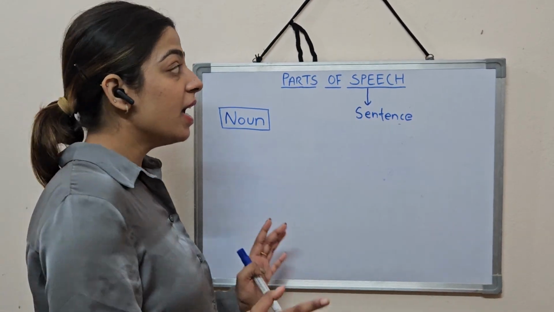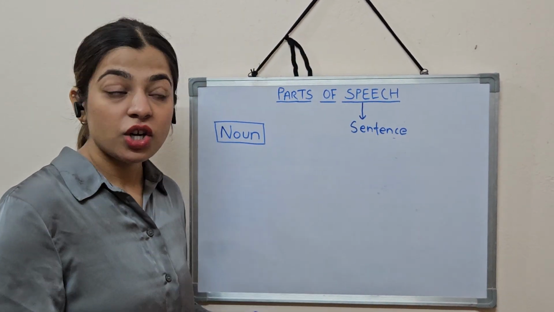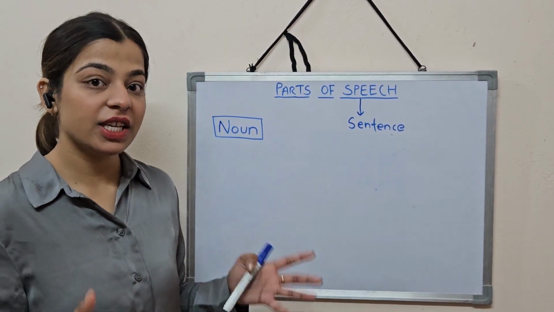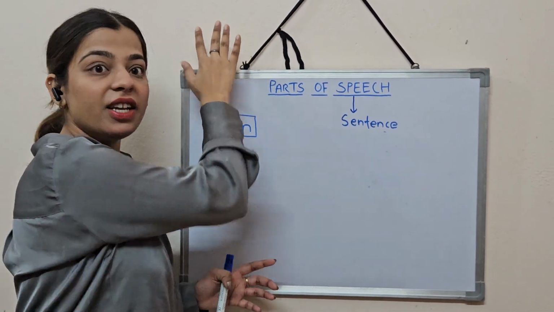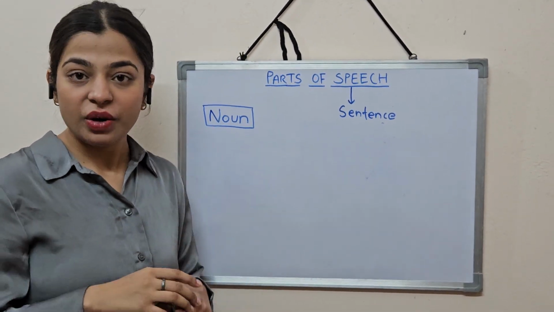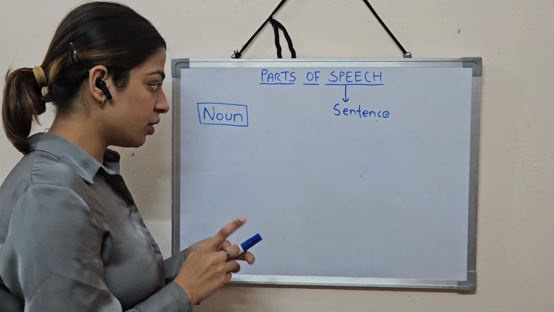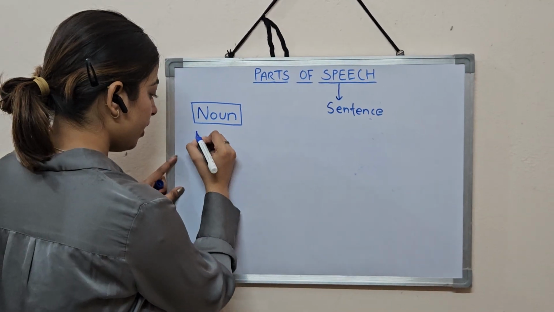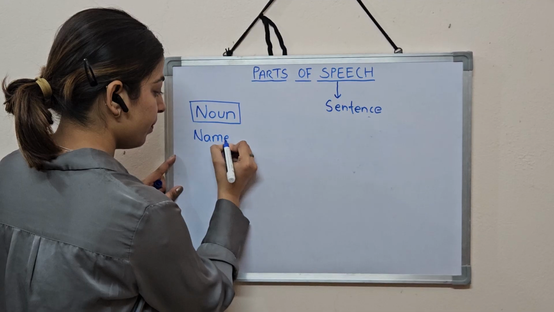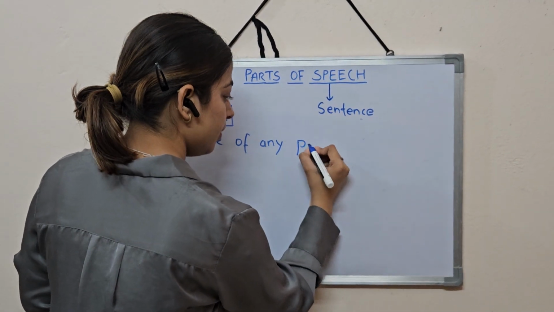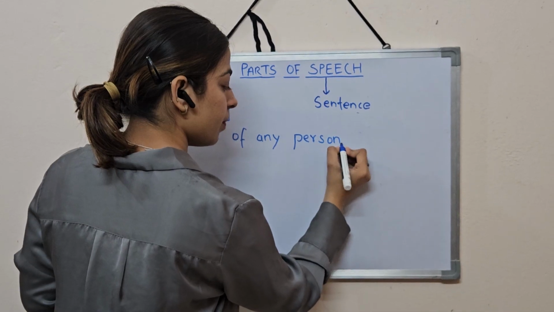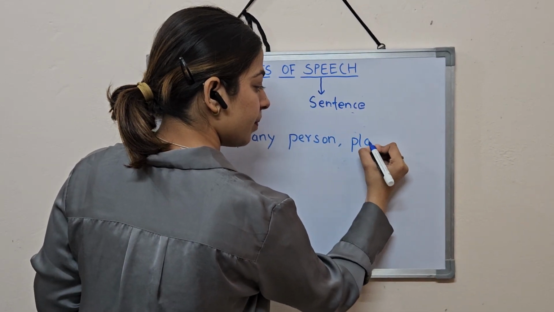For example, I am in a room, right? So room is a place. This is a wall. This thing also has a name, wall. So I'll write here, name of any person, place.